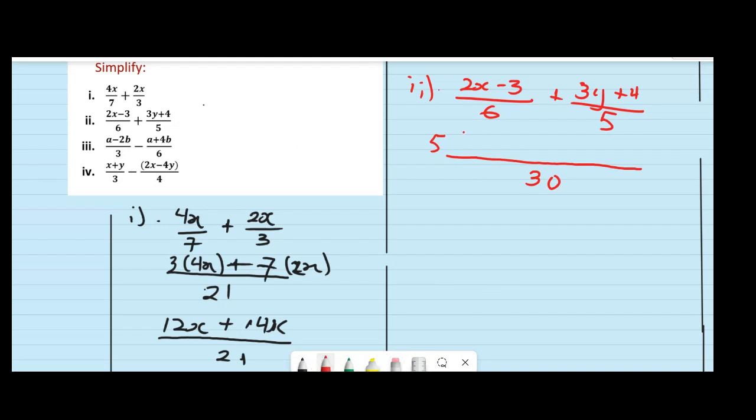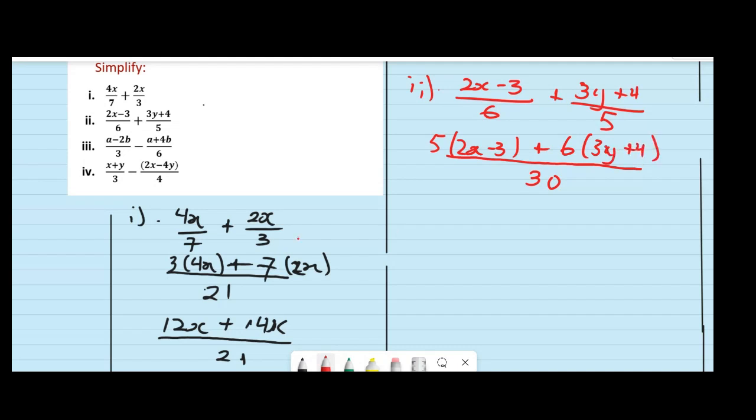So we go to this point, you have to multiply 5 by the numerator, which is 2x minus 3, plus, and then 5 goes into 30 6 times, so that's going to be 6 multiplying the numerator, and the numerator is 3y plus 4.